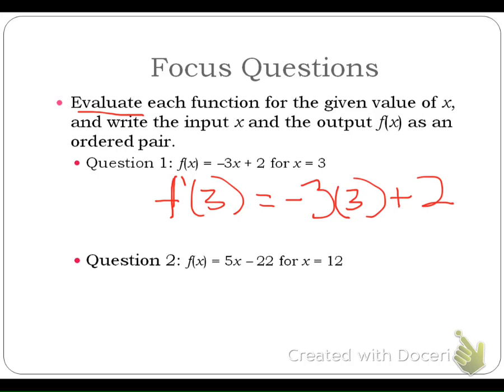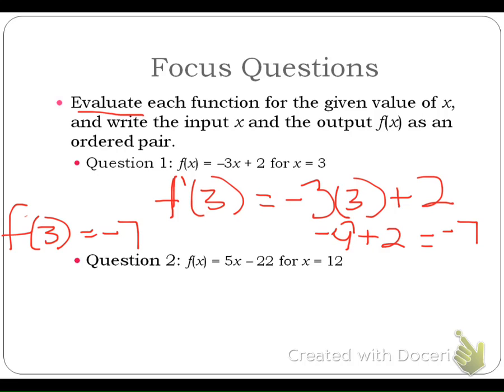Simplify this. Negative 3 times 3 is negative 9 plus 2. Negative 9 plus 2 is equal to negative 7. So in other words, f of 3 is equal to negative 7.